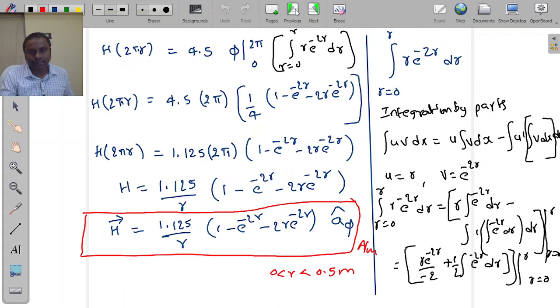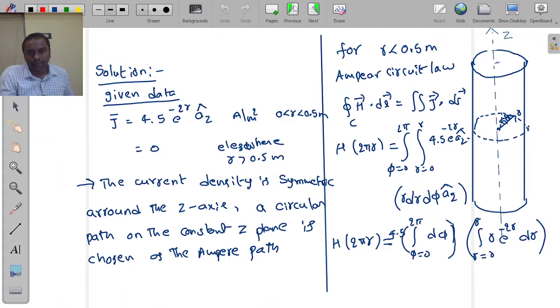In the previous case also, when you use the Ampere circuit law, this itself is the current enclosed, that is the total current enclosed.